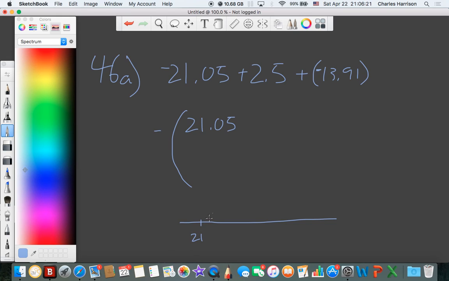I'm not going to put the decimal, it's just 21. And this is negative 21, I'm going to be moving to the right of that, going in the positive direction, 2.5. So in the end, I should have a bigger number, and it would be a smaller negative. So if I just had 2 there, it would be negative 19.